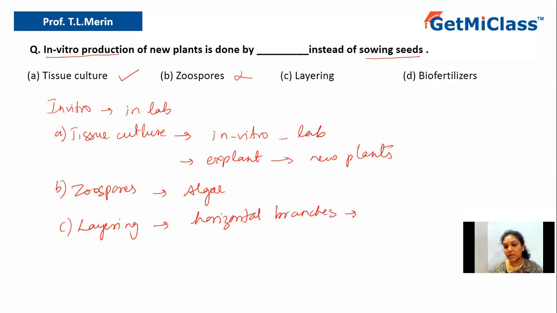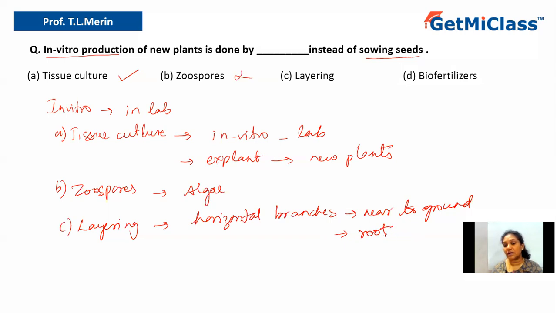These get covered by mud, and slowly they start developing roots while still attached to the parent plant.